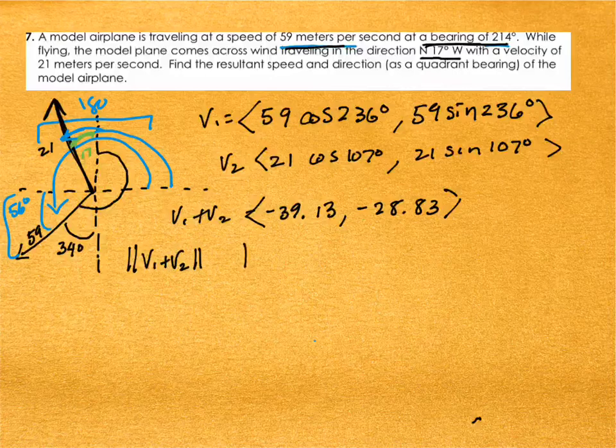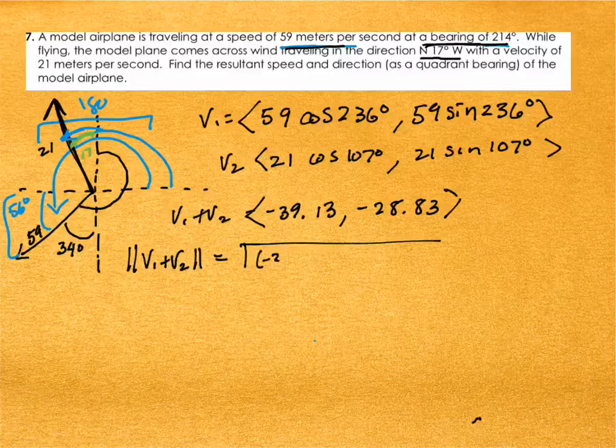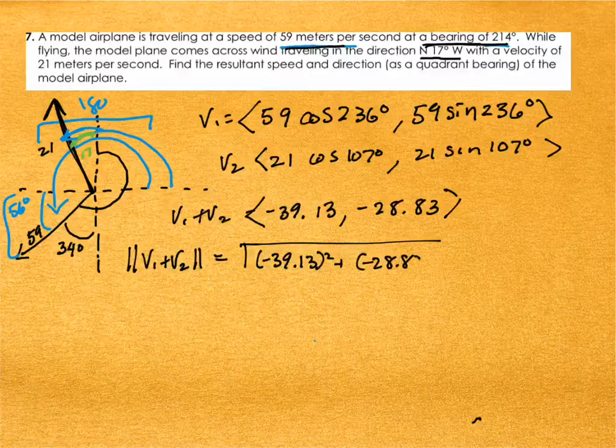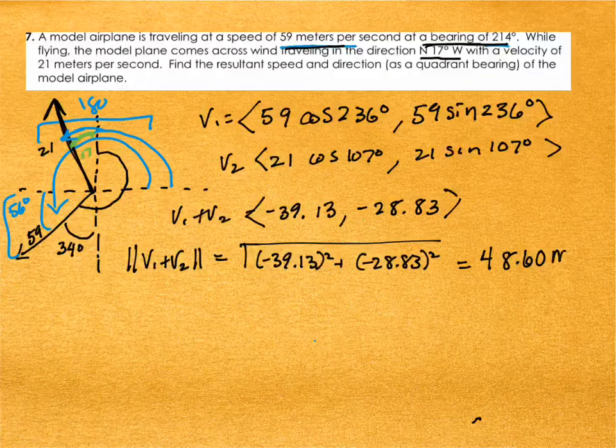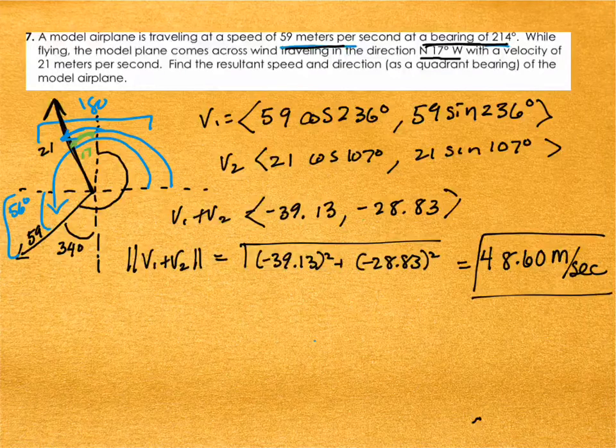That is equal to the square root of negative 39.13 squared plus negative 28.83 squared. Don't put the negatives in for either one when you put it in your calculator. It comes out positive anyway when you square them. So you should get the resultant speed of 48.60 meters per second. And now we have to go on and find the quadrant bearing.